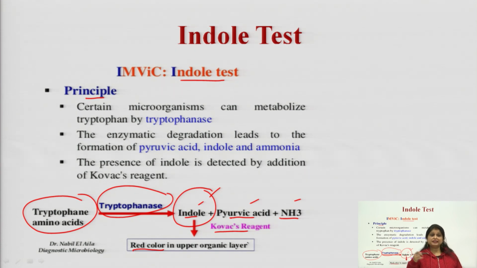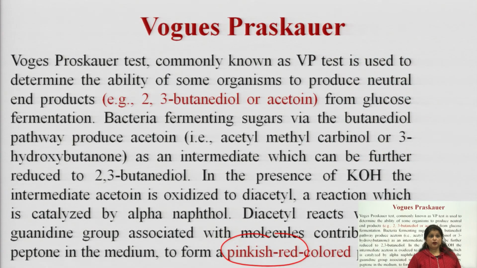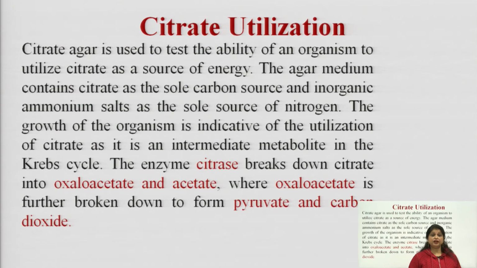Tryptophan was metabolized and then indole was produced, which is why we use the word indole production for the indole test. But for the citrate test, we use the term citrate utilization.